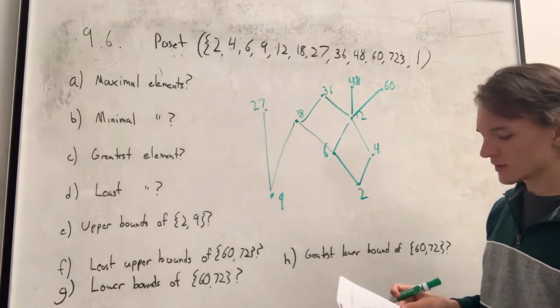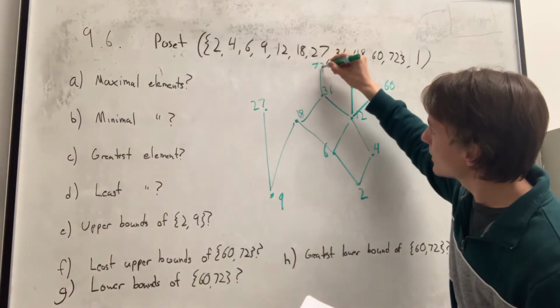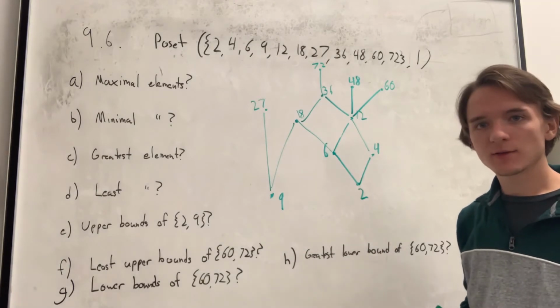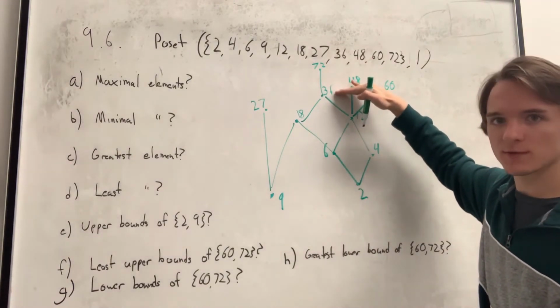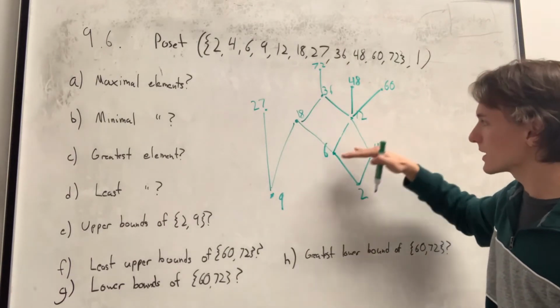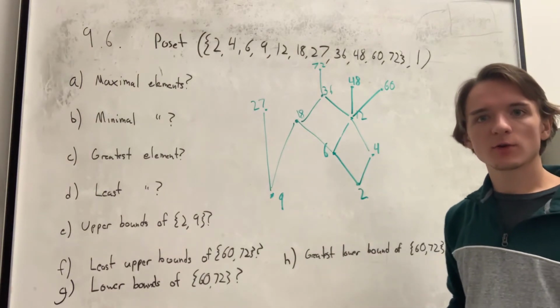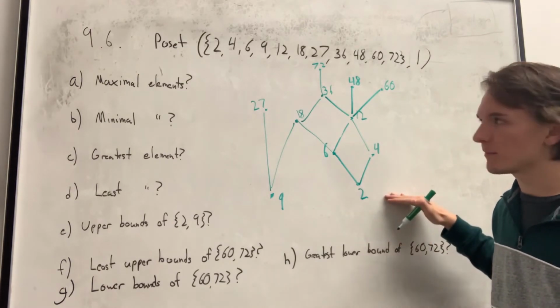And finally, 72. 72 is divisible by 36, so we connect it to 36. And again, the relationship continues downwards. So 72 is divisible by 36, which is divisible by 18, 12, and then those are divisible by 6 and 2. And you can keep going that way to determine what's divisible by what. But this will be our hash diagram.